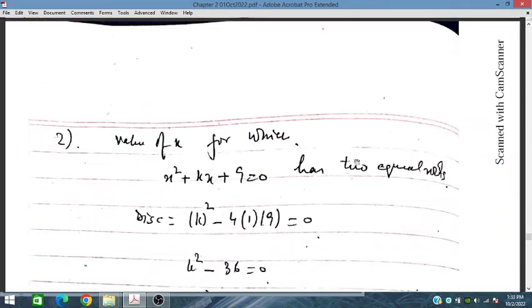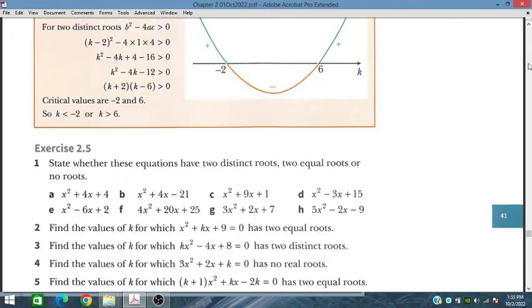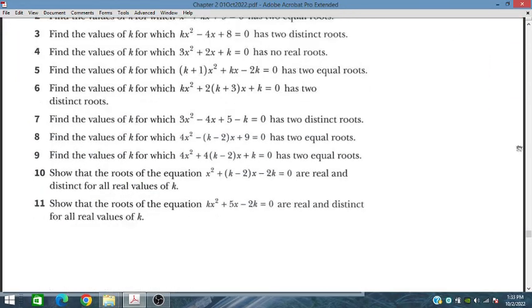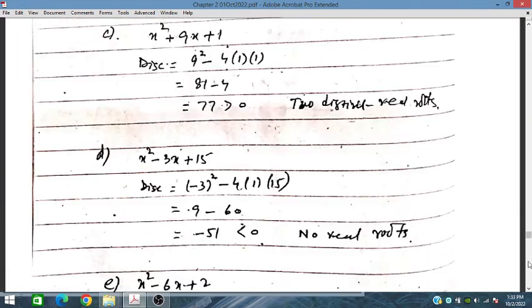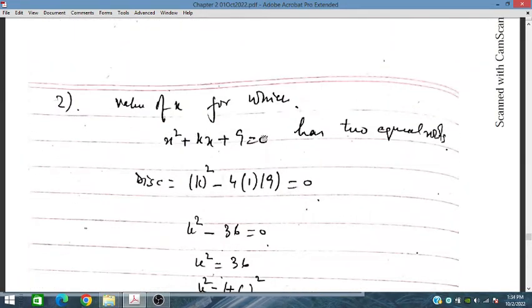Now problem number 2. Find the value of k for which this has two equal roots. We go for the discriminant, b square minus 4ac, which is equal to 0.